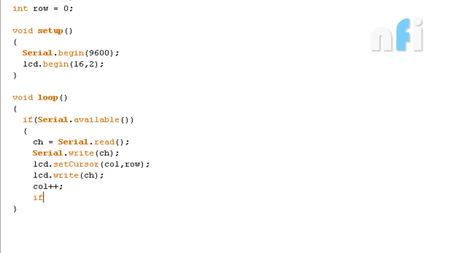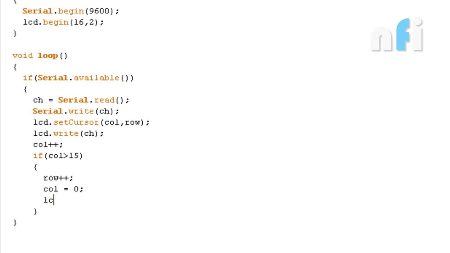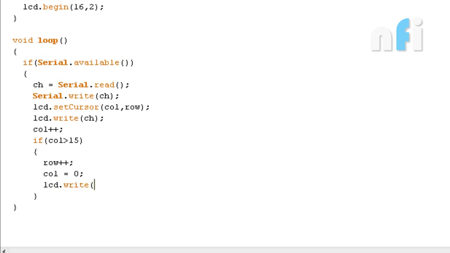Suppose my column length is greater than 15, because my column ranges from 0 to 15, which makes 16 columns. Then row should increment and column should get back to 0, and lcd.write message should print.